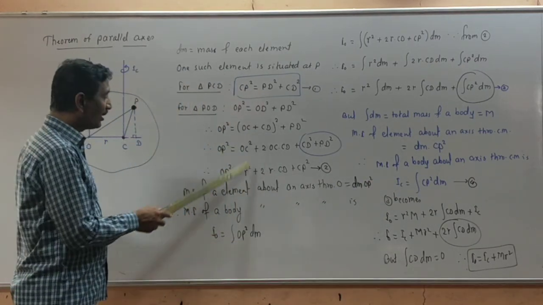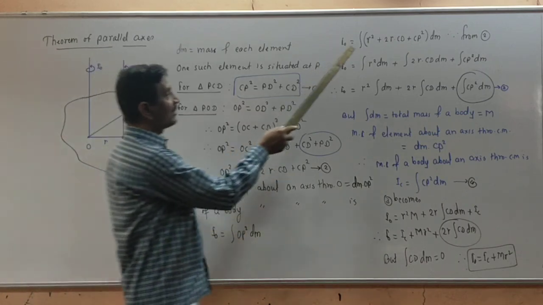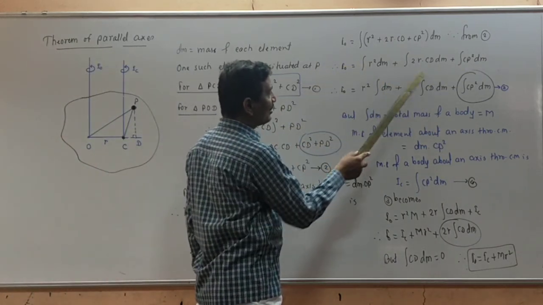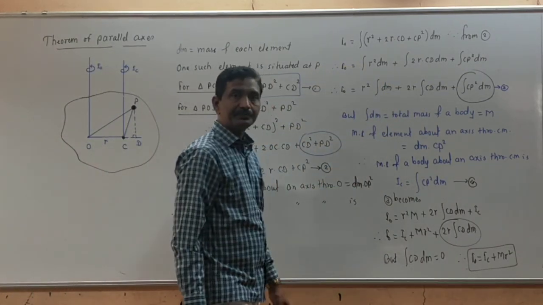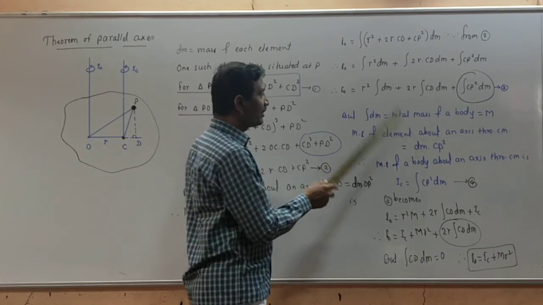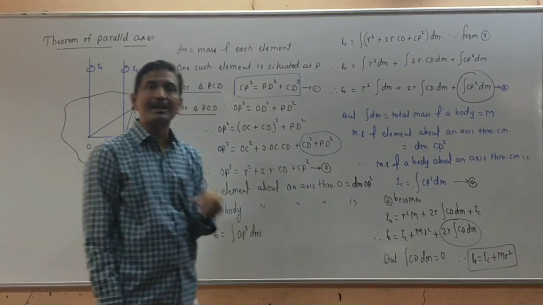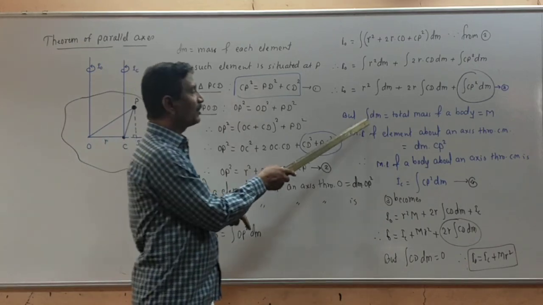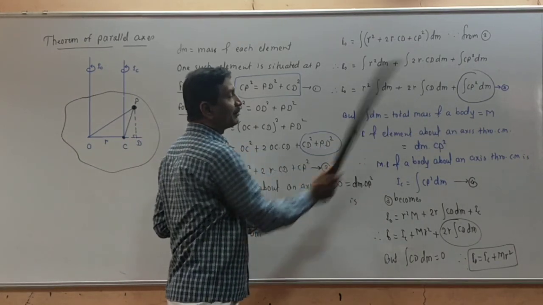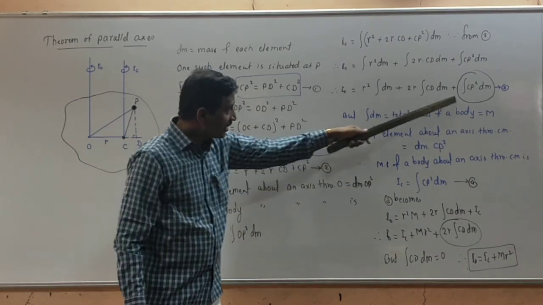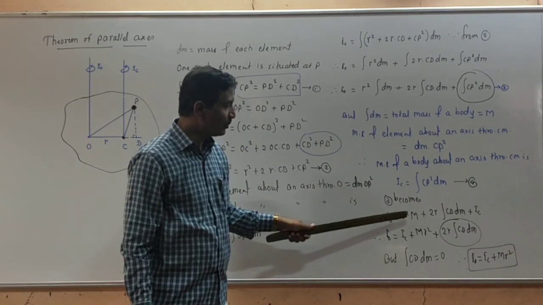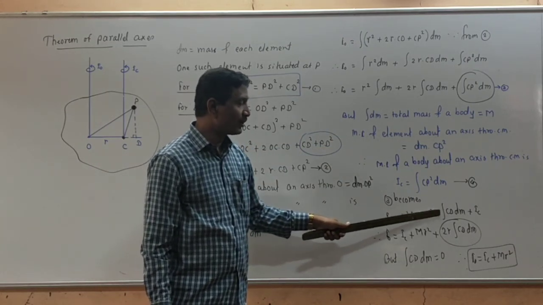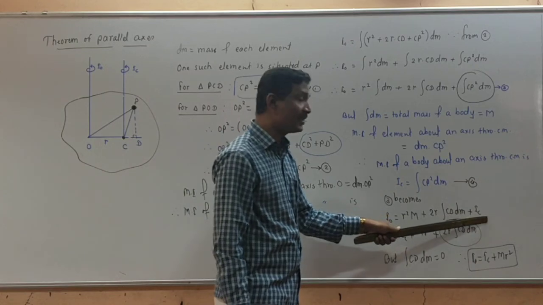Then we put the value of OP square here, separate the integrations, take constant quantities outside the integration. Now integration of dm is the sum of the masses of all the elements. So therefore it is the total mass of the body. Hence it is denoted by letter capital M. This third term is IC. So we get IO equal to R square into M plus 2R integration of CD dm plus IC.